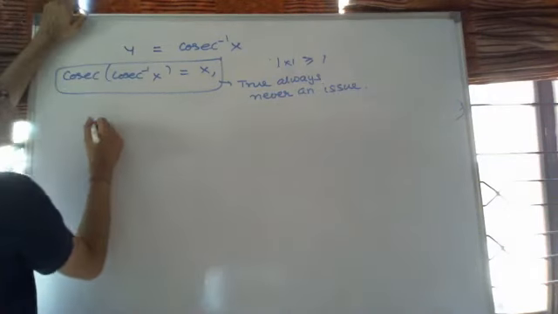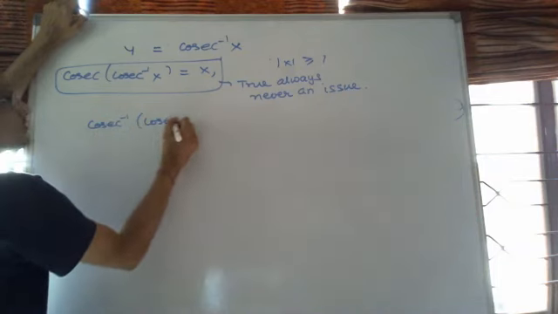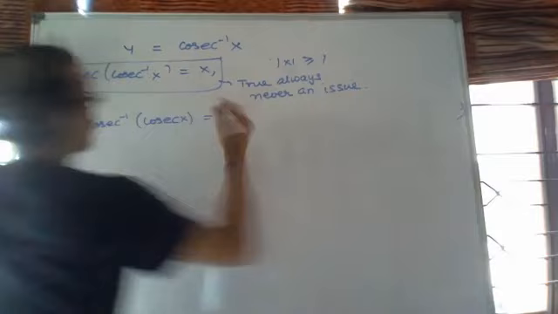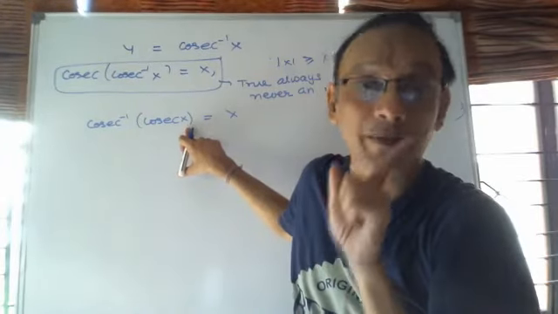But cosec inverse cosec x, that will be x. देखो cosec inverse का output should always lie in the interval minus pi by 2 to plus pi by 2.